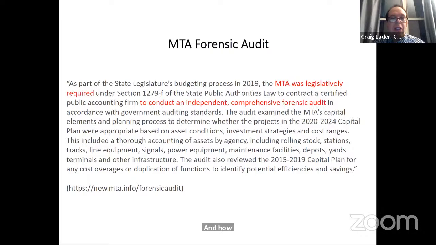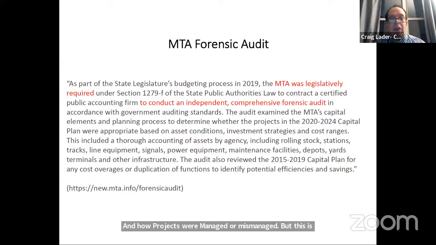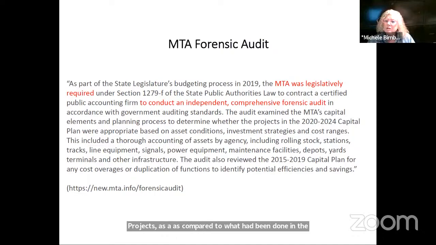But this is looking forward, as it relates to congestion pricing, at how the future capital plans are going to have to be addressed to deal with the findings of this forensic audit, that would ostensibly improve upon the management of the MTA's projects as compared to what had been done in the past, where they found all these shortcomings.